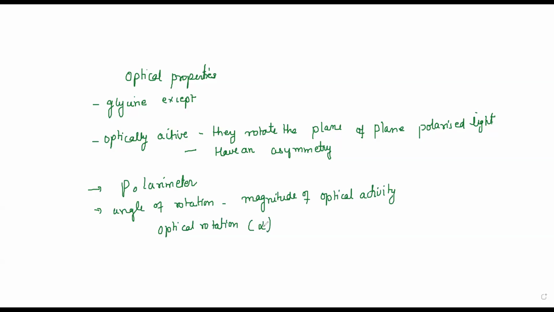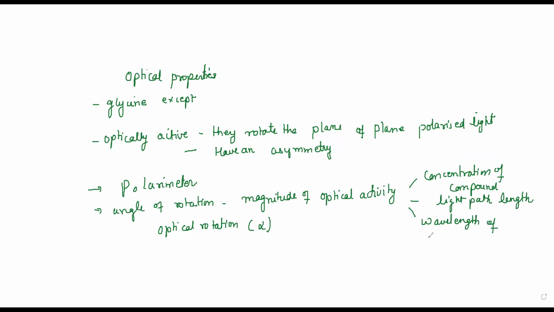Optical rotation of an optically active compound depends upon certain factors like the concentration of the compound, light path length, wavelength of the polarized light, and the temperature.